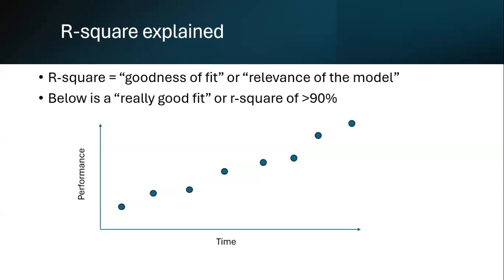And what you see below is an example of how we get the R square, or how the R squared is determined. So let's say below you have a chart of a young child practicing the piano. Along the x-axis, along the bottom, is time, and on the y-axis is performance, or how well he or she has done.